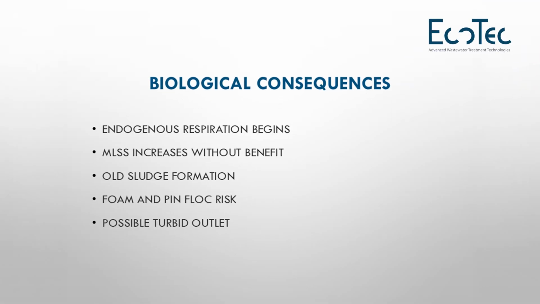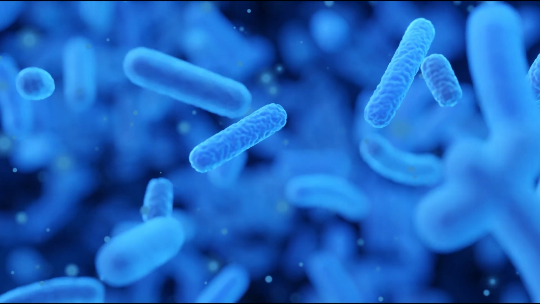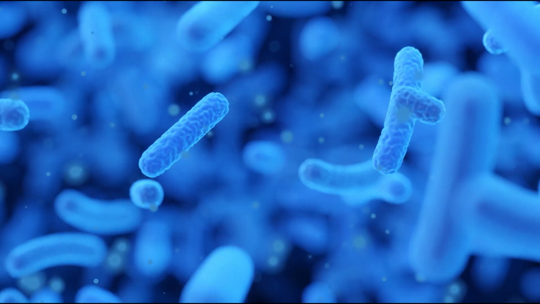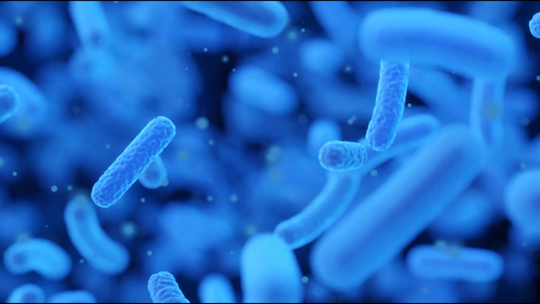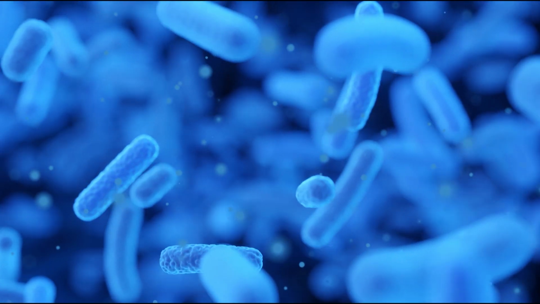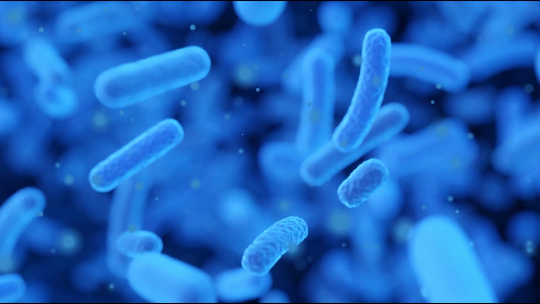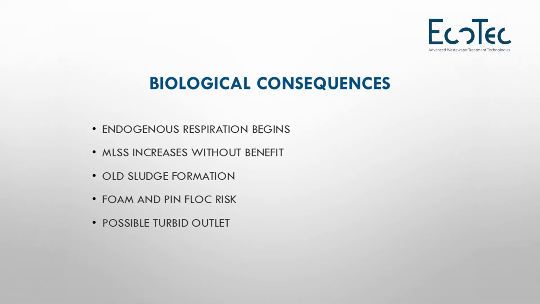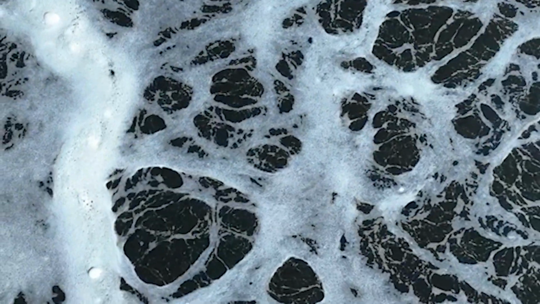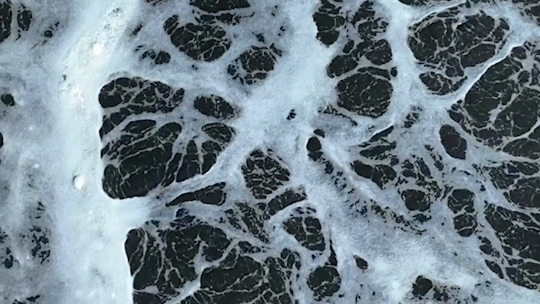What happens next? Microorganisms become underfed. They enter into endogenous respiration, which is eating themselves up. They start to die or exit the system. In ASP and extended aeration process, sludge becomes older, settlability changes. Foams may appear. In MBBR, biofilm thickens.